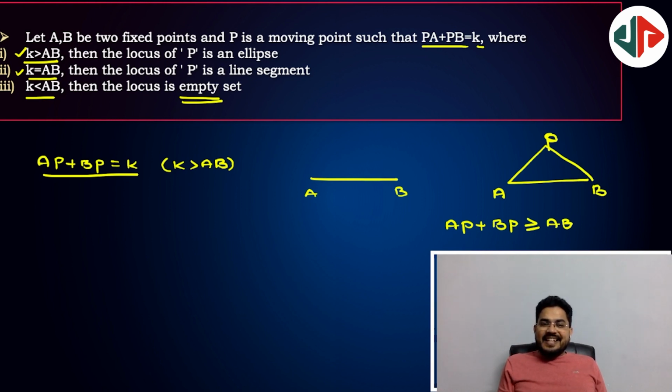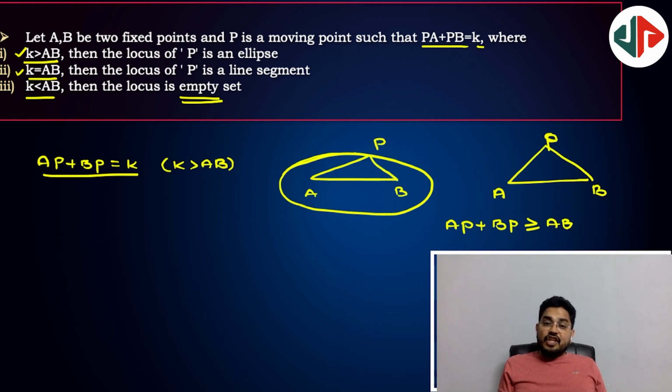But if it is greater than AB, P will be somewhere here. So you are going to get that locus as the ellipse. Again, this definition is very important for us for the chapter ellipse.